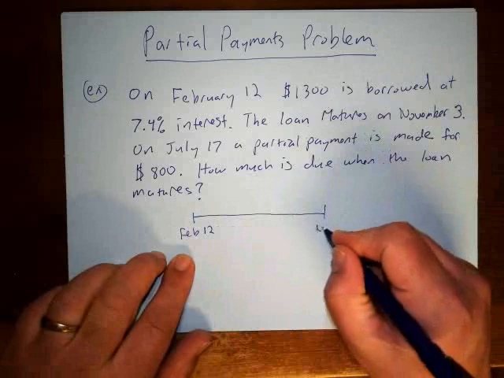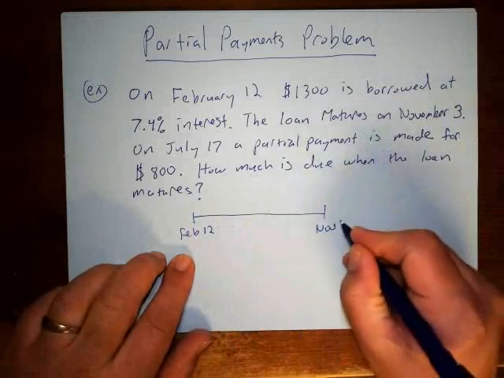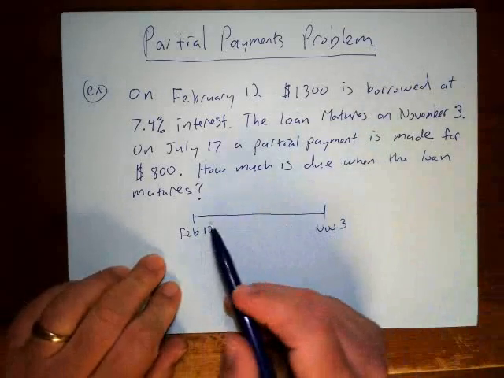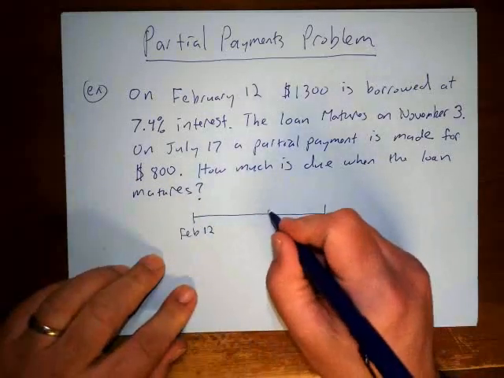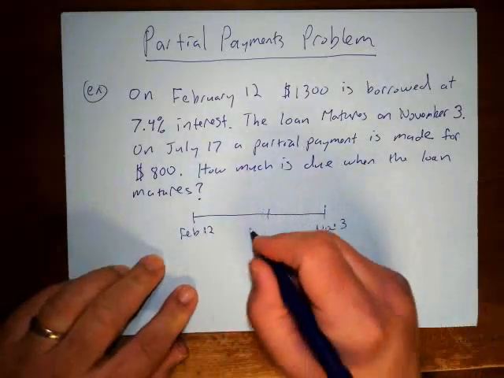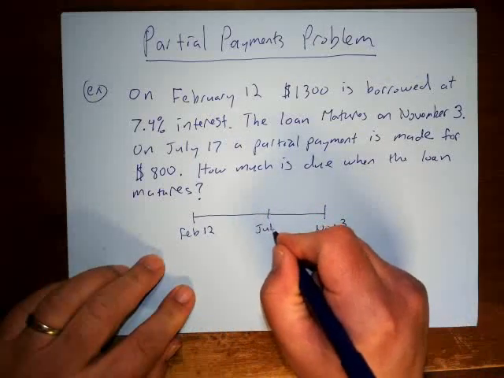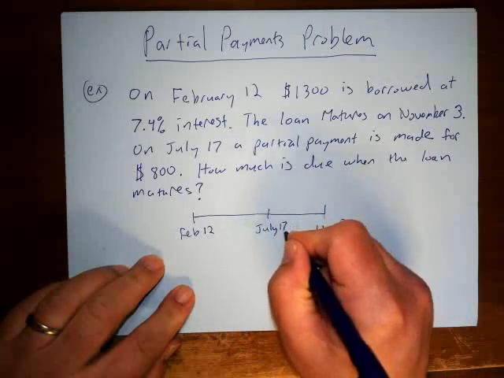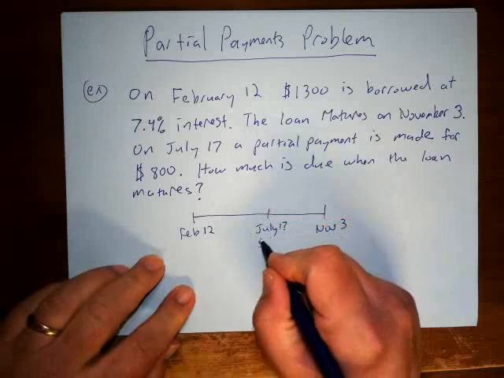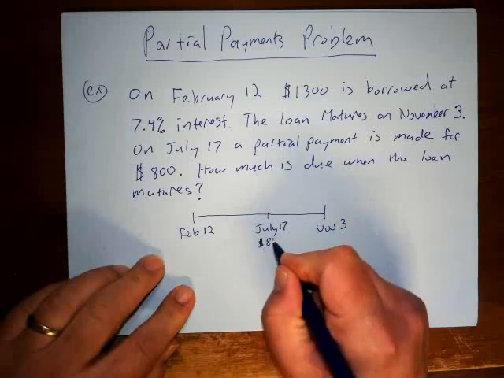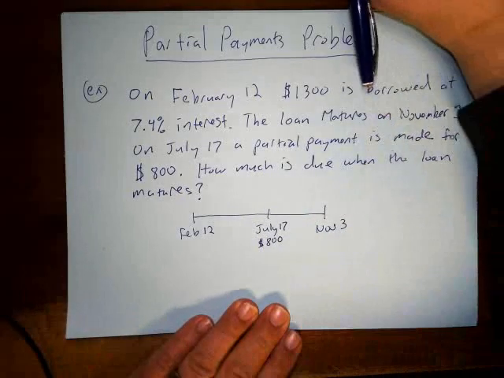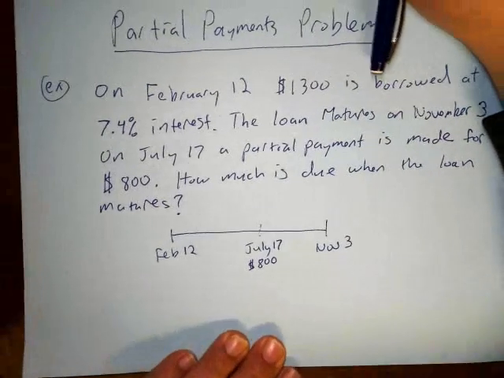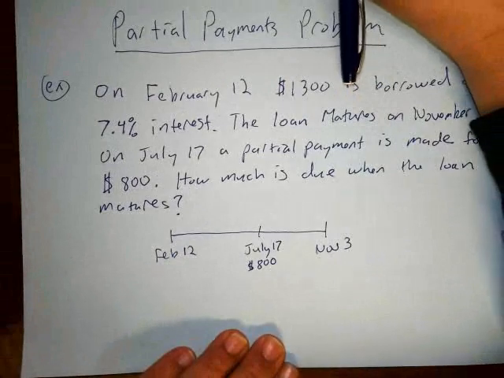This is the end of the loan, November 3rd. And then on July 17th, they make a partial payment. So it doesn't have to be perfect, just somewhere between there. We have July 17th. And what I do is I always write underneath that how much the partial payment is for.